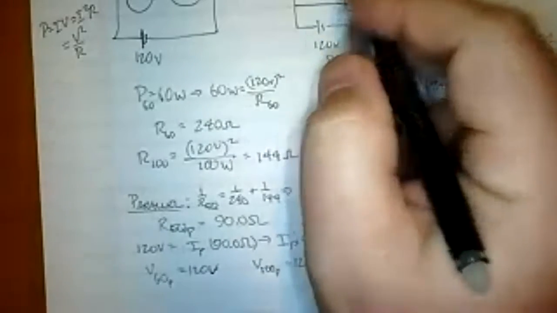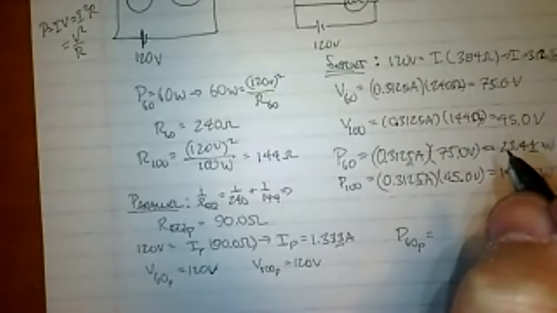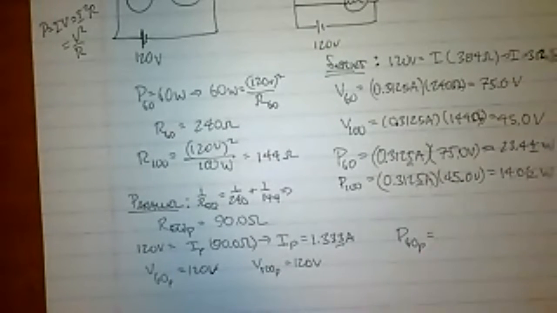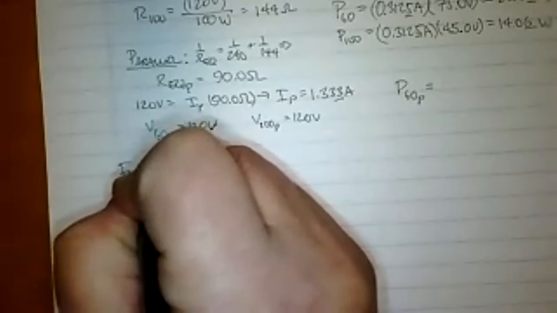What I got to figure out is what's the I in the 100 ohm resistor and what's the I in the 60 ohm resistor. So 120, let's say I and 60. So this one, I want to say that's 120 volts.